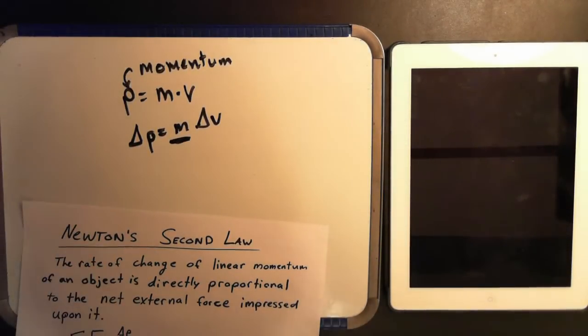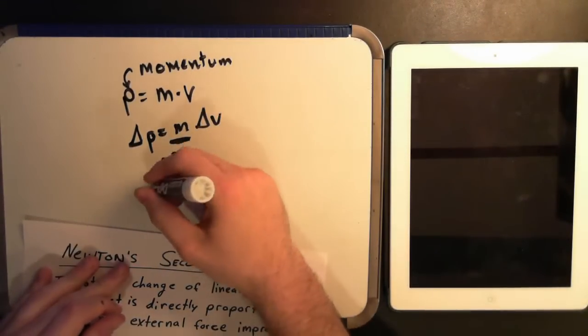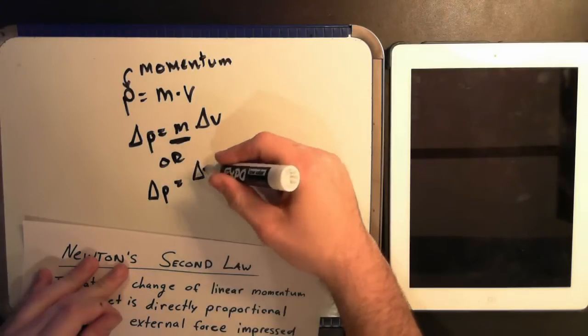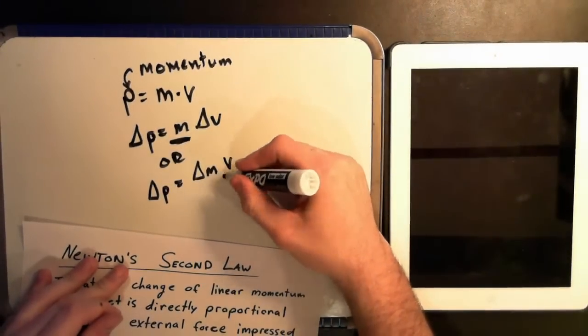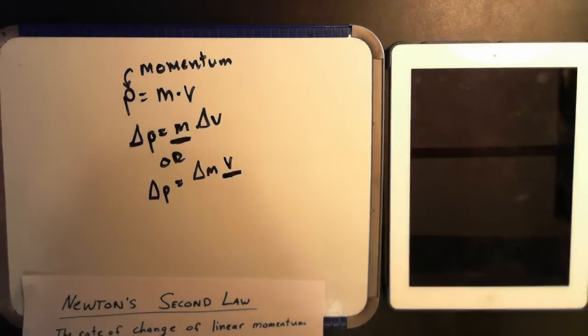Well, you might realize there's another way to change momentum, and that is we can change momentum by changing our mass and keeping v constant. And that's what we're going to do tonight.